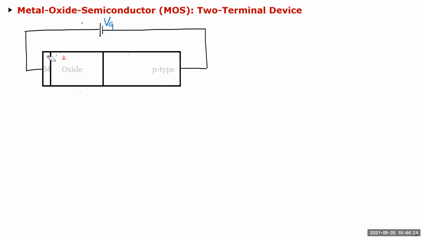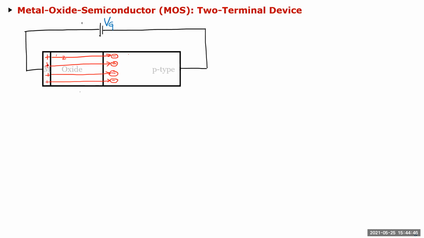So this is a voltage which is applied between the p-type substrate and the metal gate, with oxide as the insulator in between. And when you do this, because you have a voltage, there has got to be an electric field, and this electric field obviously appears across the oxide.